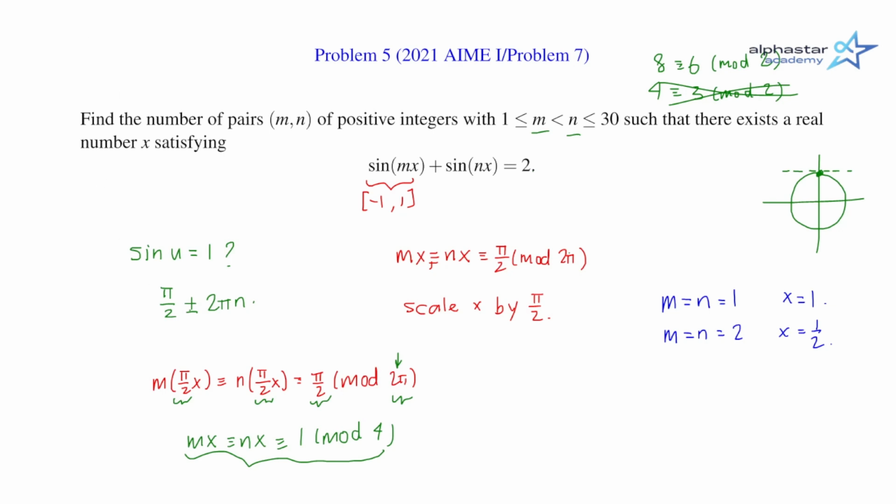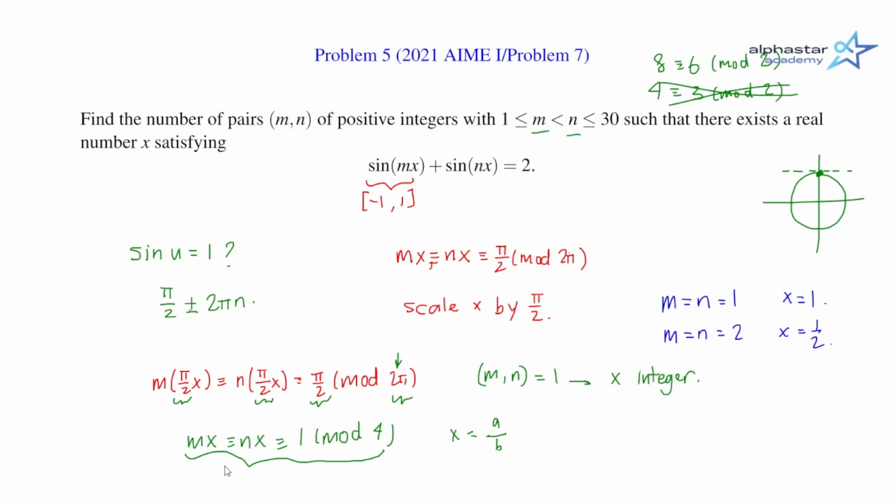If m and n are relatively prime, in other words, their GCD is 1, then if x has any denominator that is not 1 in lowest terms, say it's a over b, then multiplying that by m will only result in an integer if b divides m. In other words, this denominator has to divide m, and similarly it has to divide n, so the only way to choose an x such that mx and nx are integers is for x itself to be an integer. B has to equal 1. And therefore, x is an integer.